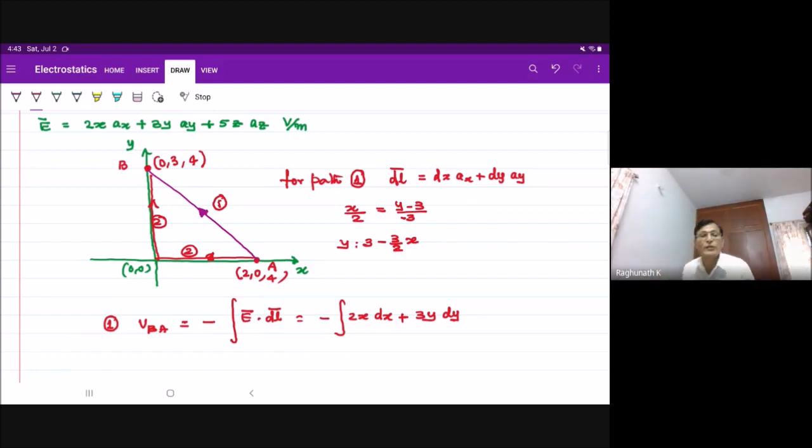The z component will not come into the picture here, because it is normal to the plane in which we are taking these paths.